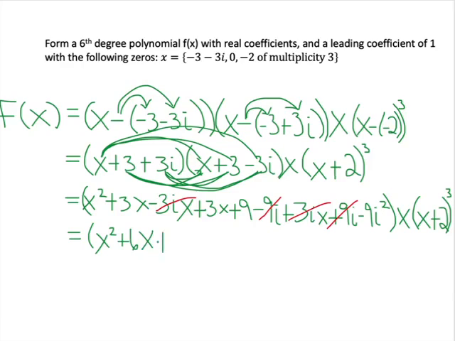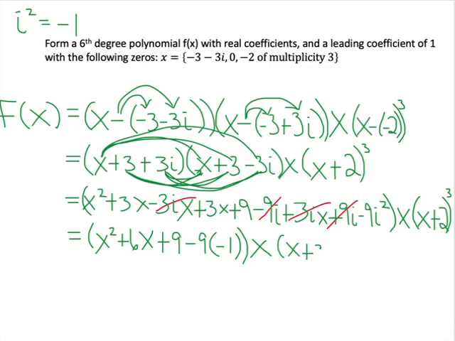I have plus 9. And then minus 9i squared, so that's minus 9. Now i squared, if you remember, is negative 1. Let me write that down up here. So i squared equals negative 1. And then we have times x. And then x plus 2 cubed.